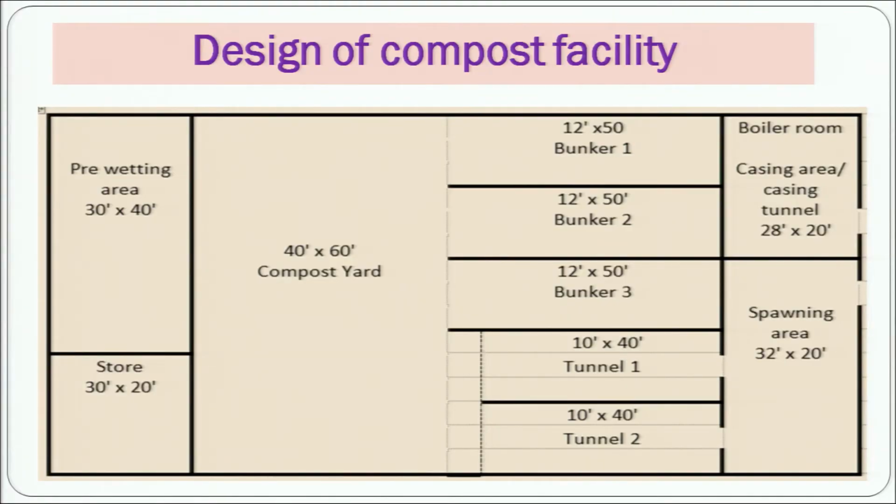There should be 2 tunnels, boiler rooms, a casing area, a casing tunnel, and a spawning area. So there are 3-4 types of components in a single mushroom unit that must be established before growing.